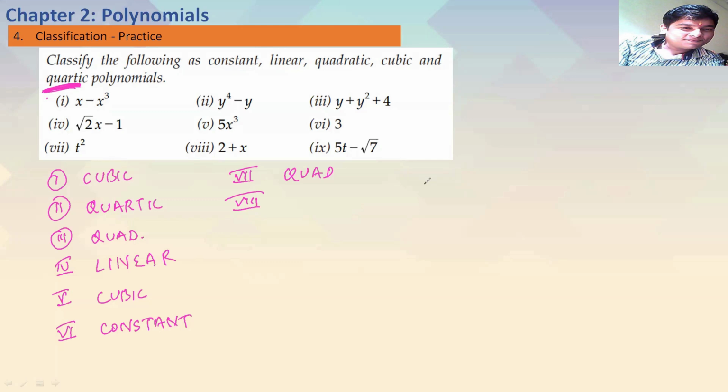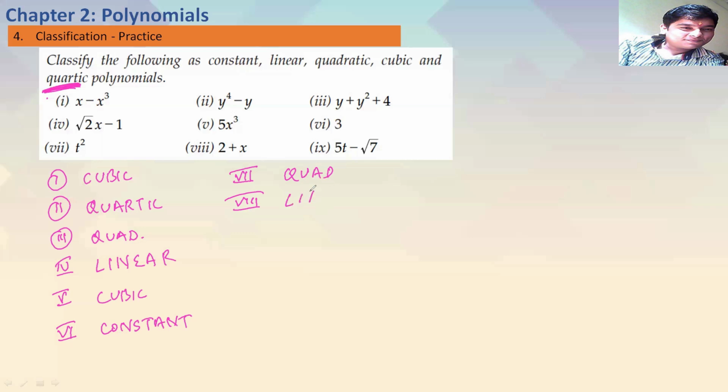Okay, so what is the highest power? Highest power on the variable. Highest power on the variable is 1. So if the highest power is 1, degree is 1, what is it known as? What kind of polynomial? Linear. Linear.